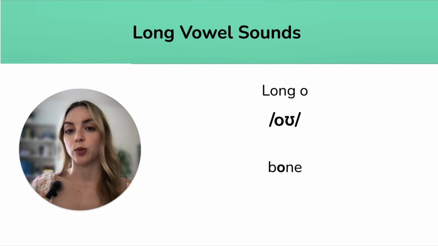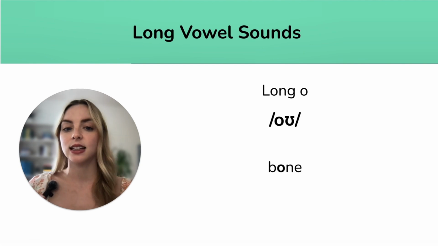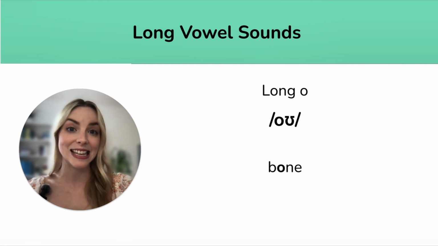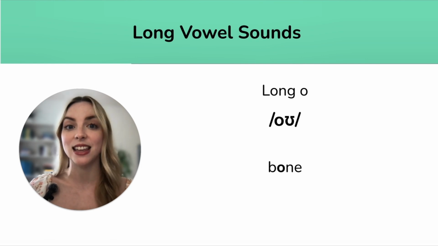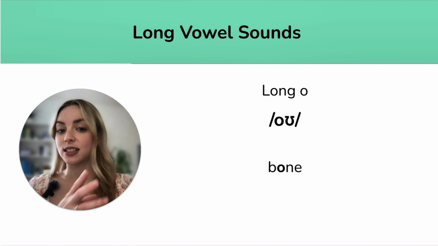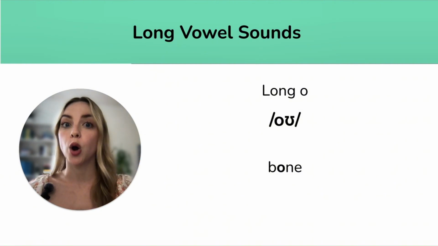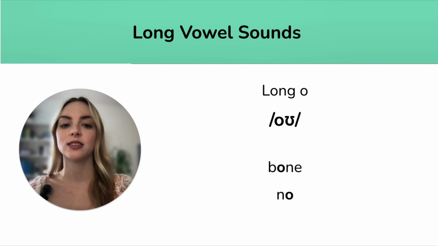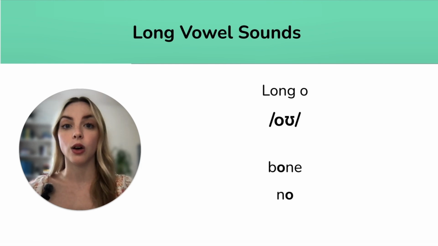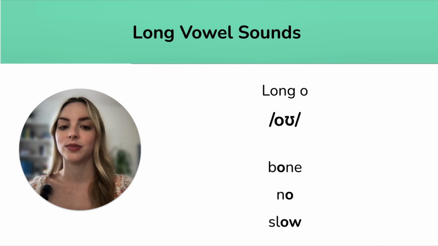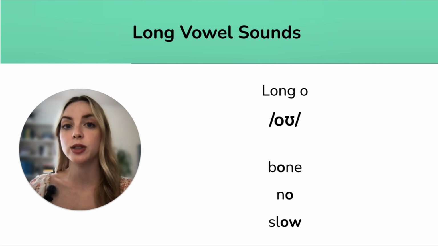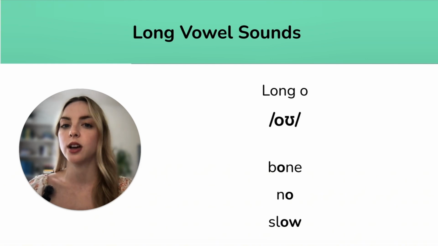For example, this word, bone, has consonant, O, consonant, E. Of course, we don't say the E, but this silent E tells us that the O is long. Another word with this sound, no. Or slow. So sometimes this O sound is represented by OW, but not always, as you'll see later.